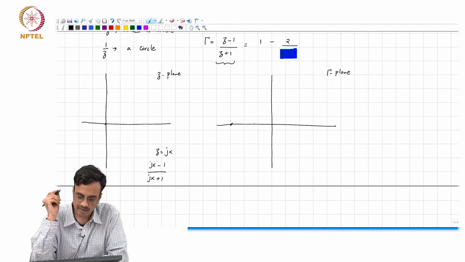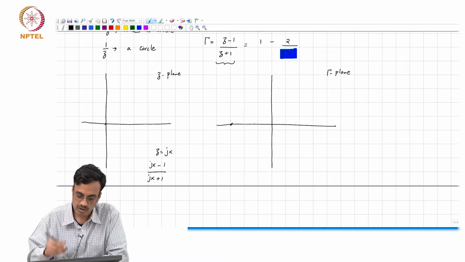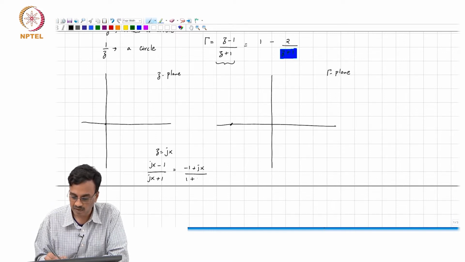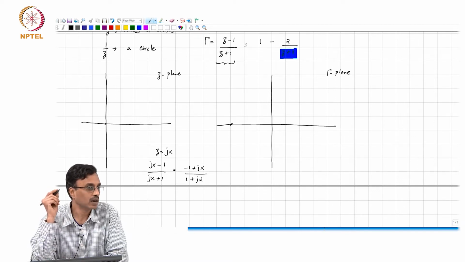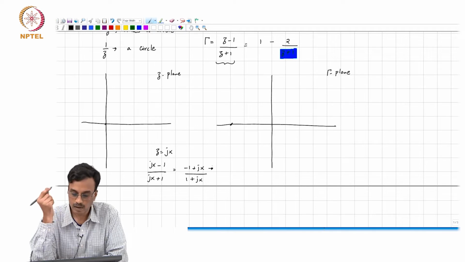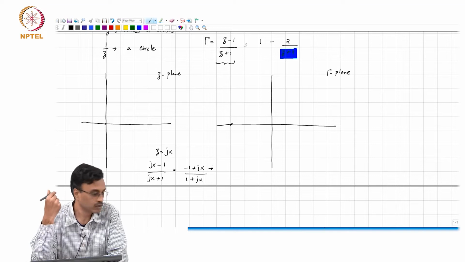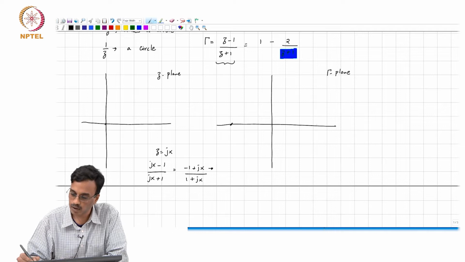Okay. When x is plus infinity, where are we? So this is (minus 1 plus jx) by (1 plus jx). So as x becomes infinity, where are we? What is the angle of this? It is plus 90, and the bottom one is also plus 90. So basically it is at plus 1.